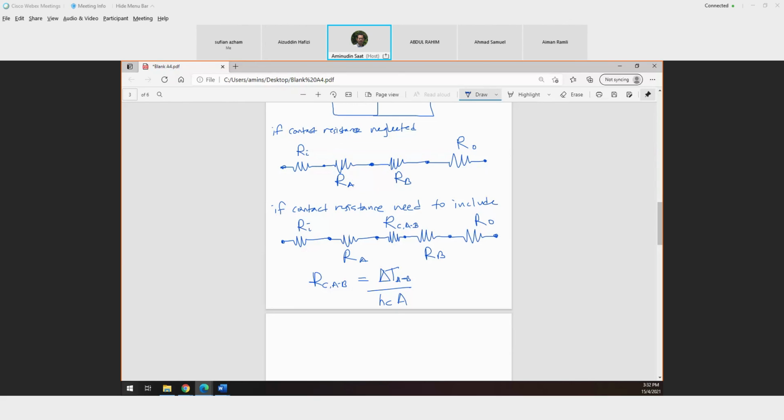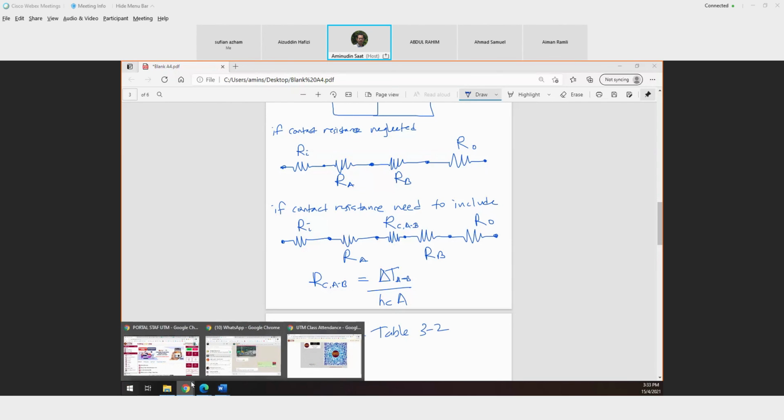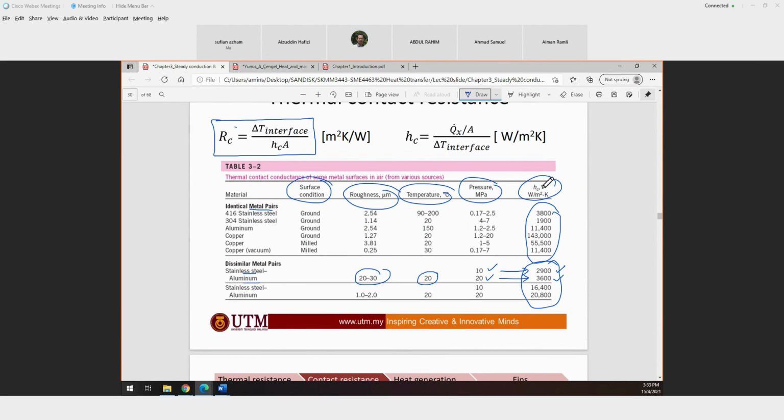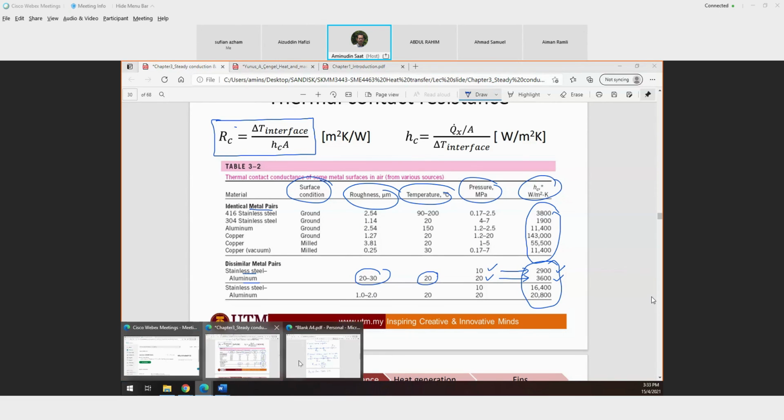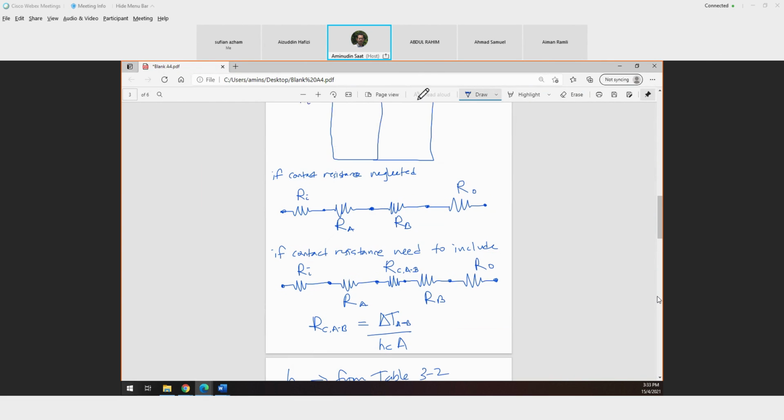So hc is normally from the table. From table 3.2. Okay, from this one, table. So this value hc. So what is the area of the section? The area is the same.